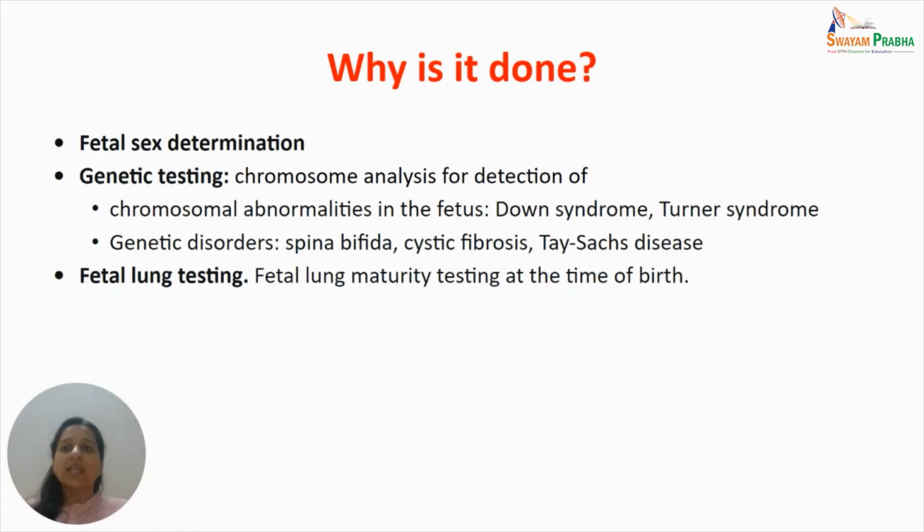Also, amniocentesis can help in assessing the fetal lung maturity at the time of birth. Generally, the pediatricians are there for assessing the fetal lung maturity of the child at the time of birth. So amniocentesis can also be done before birth for fetal lung maturity testing in case of any doubts.